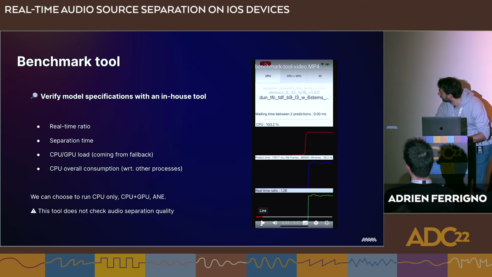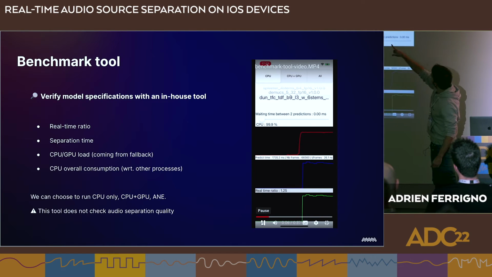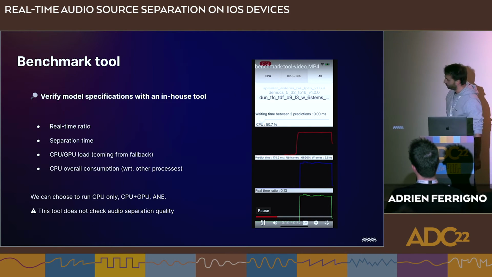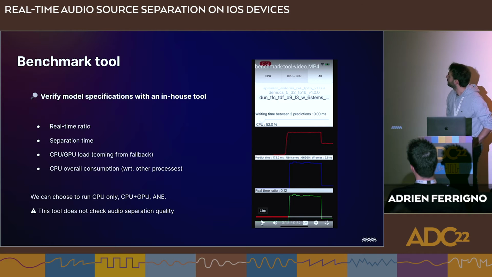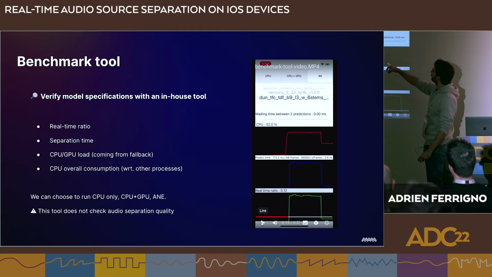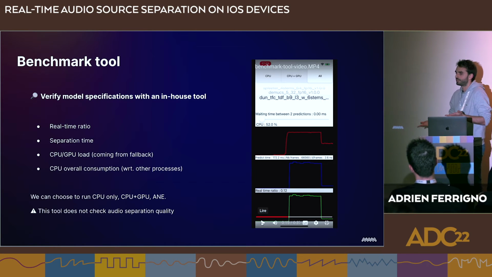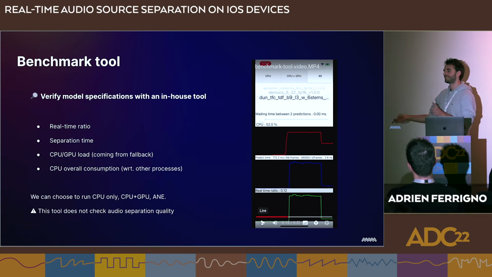And I'm going to show you that if we switch, just above, we are on CPU only, we switch to all, and here you can see the new data of the same model running on ANE. So the CPU drops down to 52%, so this is much more acceptable. We still have 50% on CPU. Why? Because some operations don't run on the ANE chip, so we still have fallback sometimes from ANE to CPU.